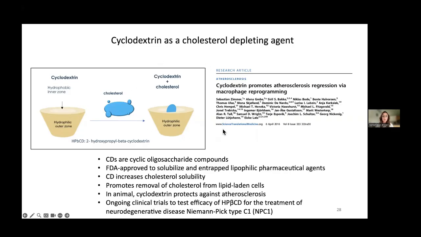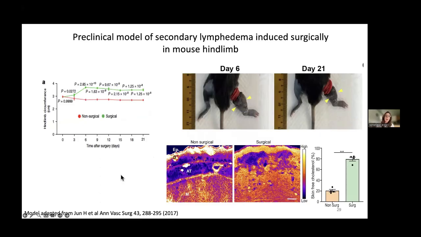So we decided to use this cyclodextrin, but first we also had to develop a model of secondary lymphedema to test the effect of cyclodextrin on lymphatic function and swelling. So we established this preclinical model of secondary lymphedema, which really mimics human lymphedema.